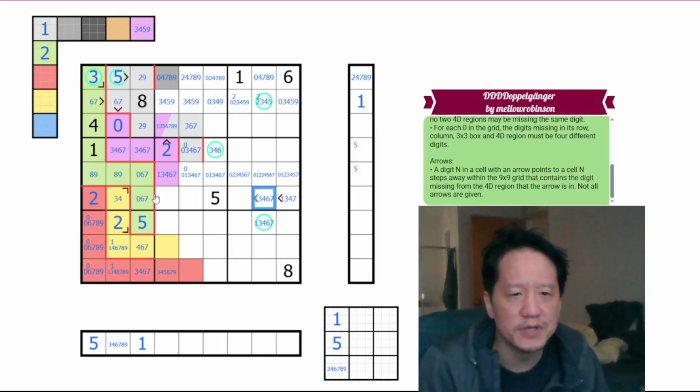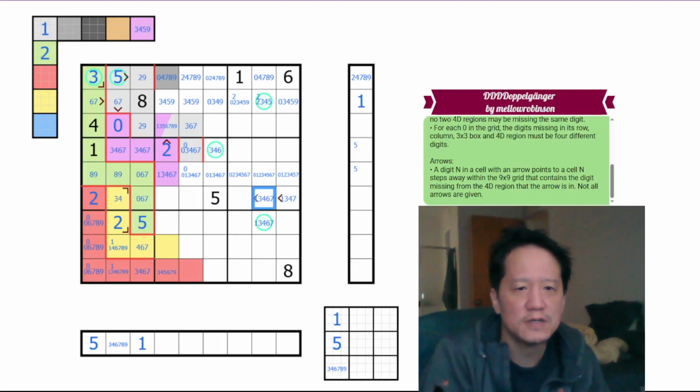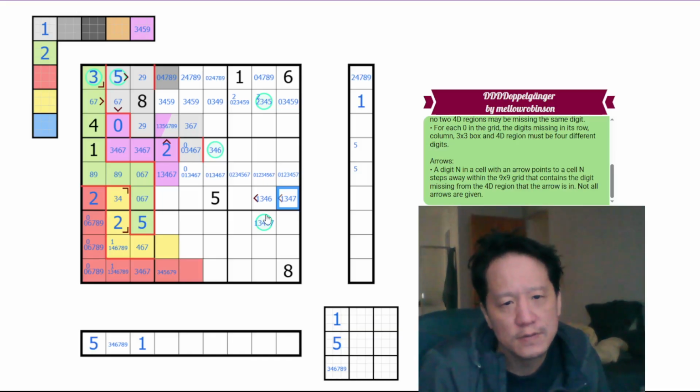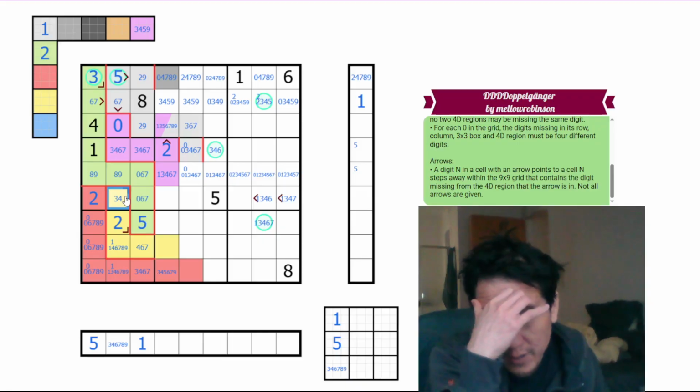This can't be missing this digit here because it's not part of green, which is missing the 2, and this must be missing a different cell. So 1, 2, 3, 4, 5, or 6 works. So 1, 3, 4, 6. This is 1, 3, 4, 7. Obviously, this could be 6 here and 7 here, and they would be missing the same digit there. That is possible.